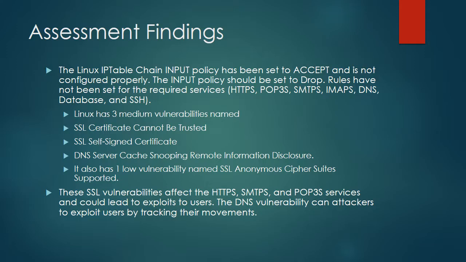This vulnerability allows the administrator to set up a service that encrypts traffic without having to configure an SSL certificate, which could leave it vulnerable to a man-in-the-middle attack. These SSL vulnerabilities do affect the HTTPS, SMTPS, and POP3S services and could lead to exploits to the users. As I mentioned before, the DNS vulnerability could exploit users by tracking their movements.